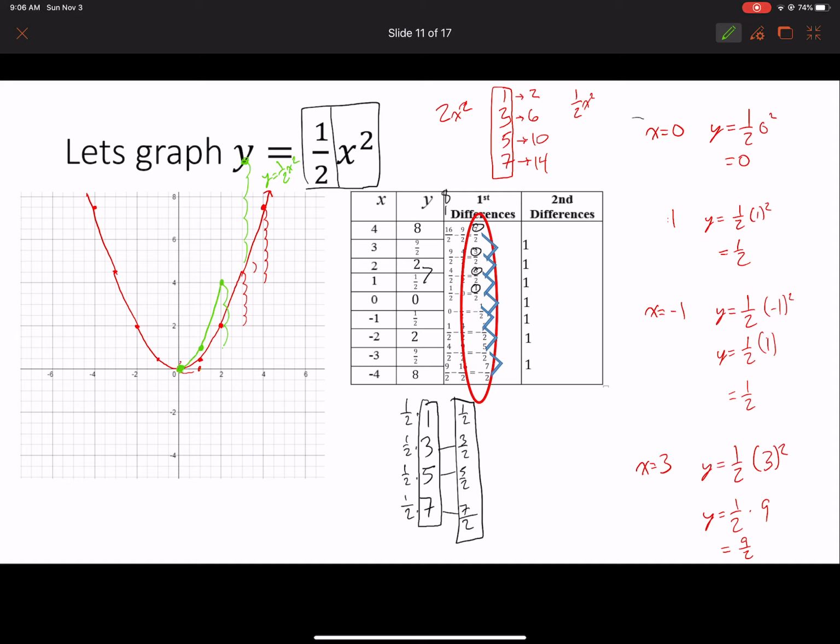The regular parabola looks like that. So it's kind of like it's being stretched downwards. Okay, well that's enough for this video. This is called compression. And it's multiplying x squared by half.